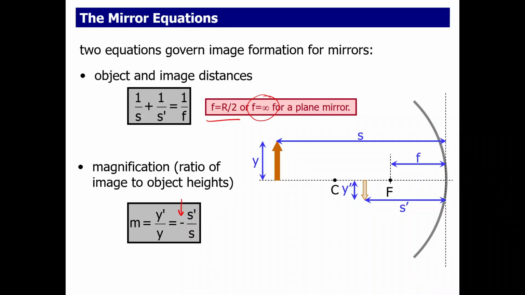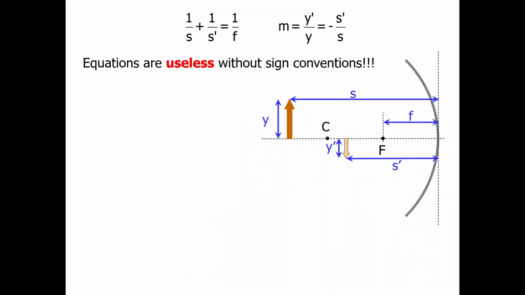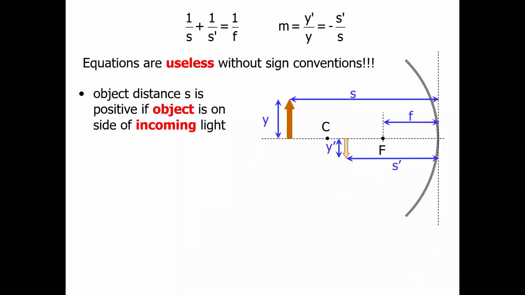That's going to relate to our sign conventions. These are true all the time. So we have to come up with our rules for how we're going to know what's positive and what's negative. Our object distance s is positive if the object is on the side of incoming light, and that's what we assume is true.